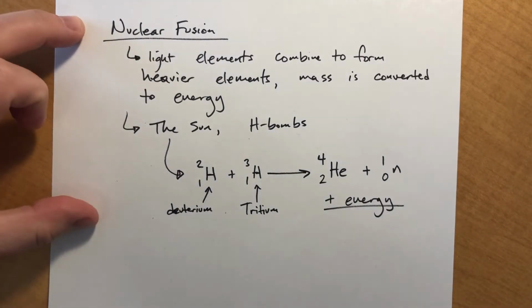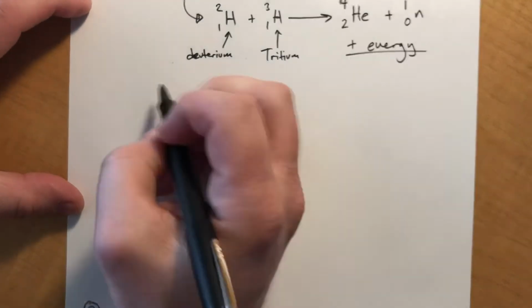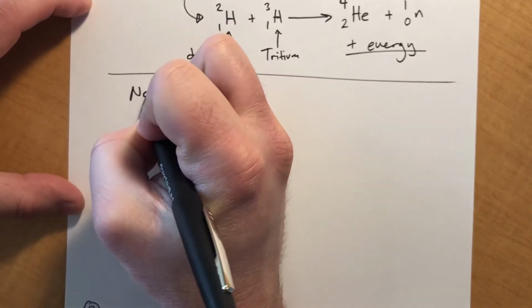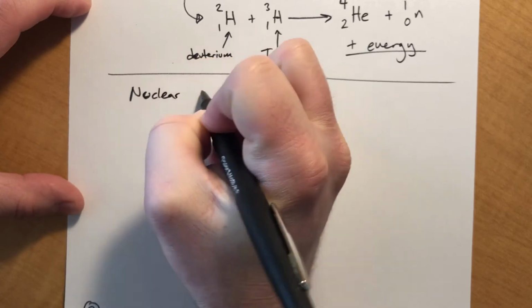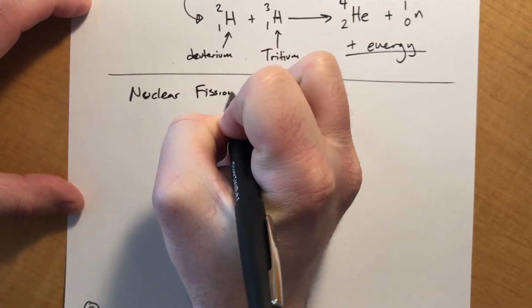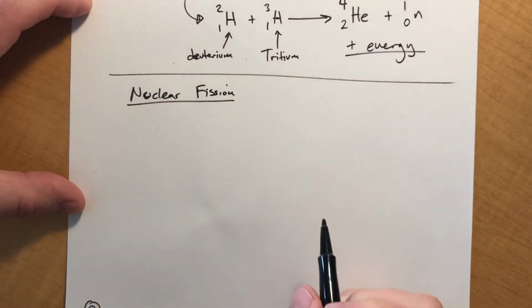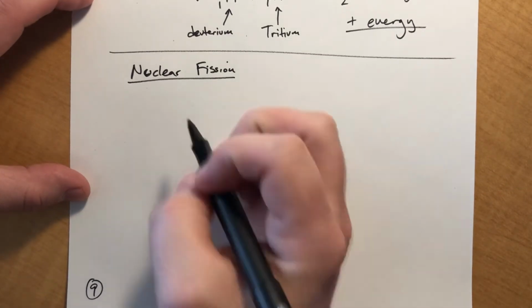The other option that we are going to focus on is nuclear fission. So fission is kind of the opposite of fusion, sort of.